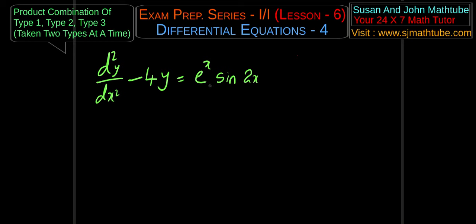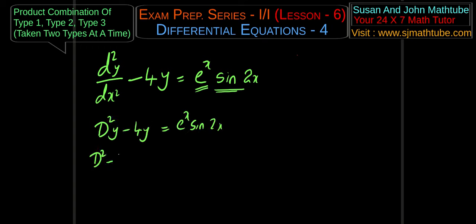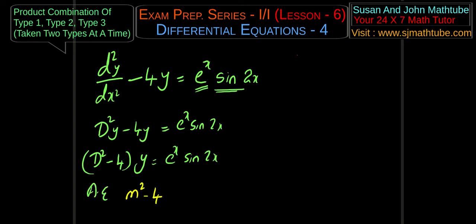So this is clearly type 4, because it is a combination, a product combination. This is a product and combination of type 1 and type 2. So the first thing to do, convert this into capital D and then take common, and finally the auxiliary equation, that is m square minus 4 equal to 0.